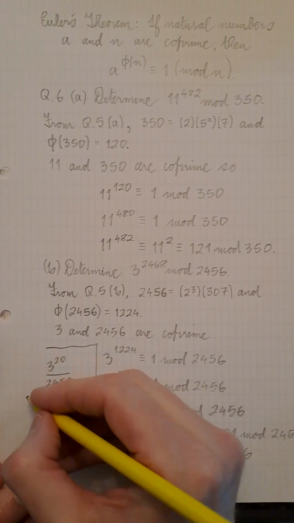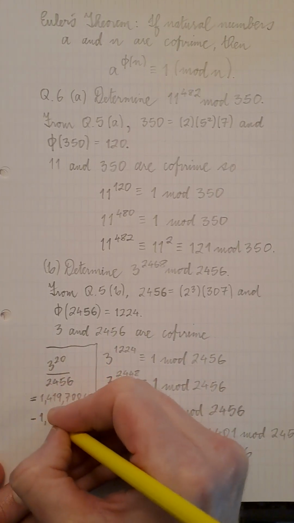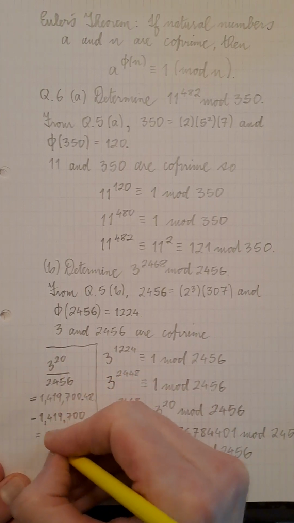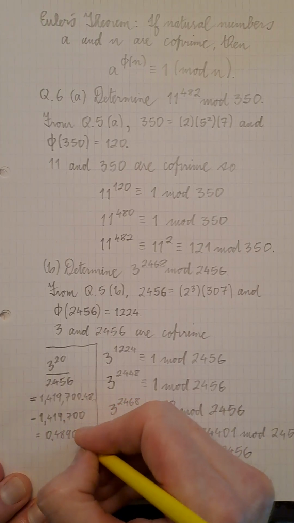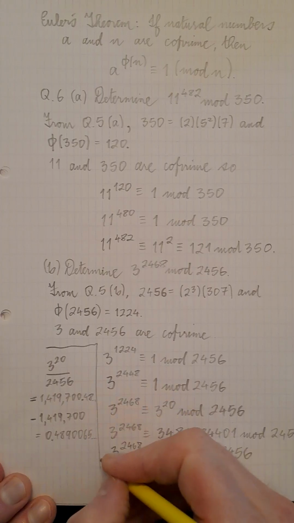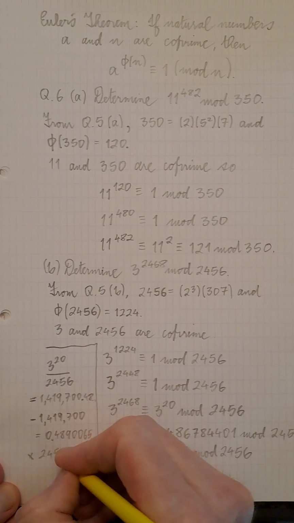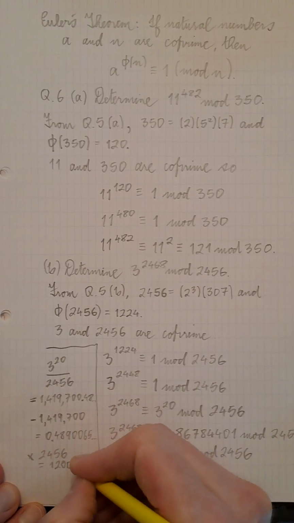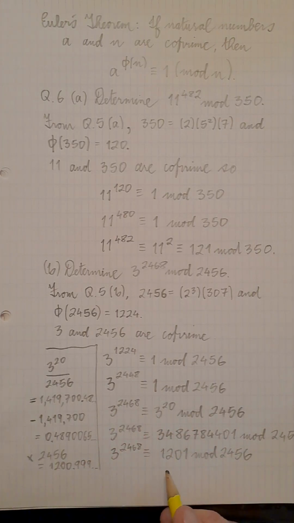And what we do is we take that number and we subtract away the 1,419,700, which gives us the decimal 0.489065 or so. And we then multiply by 2456, and that gives 1200.999 and so on, which is where this 1201 can be calculated quite easily.